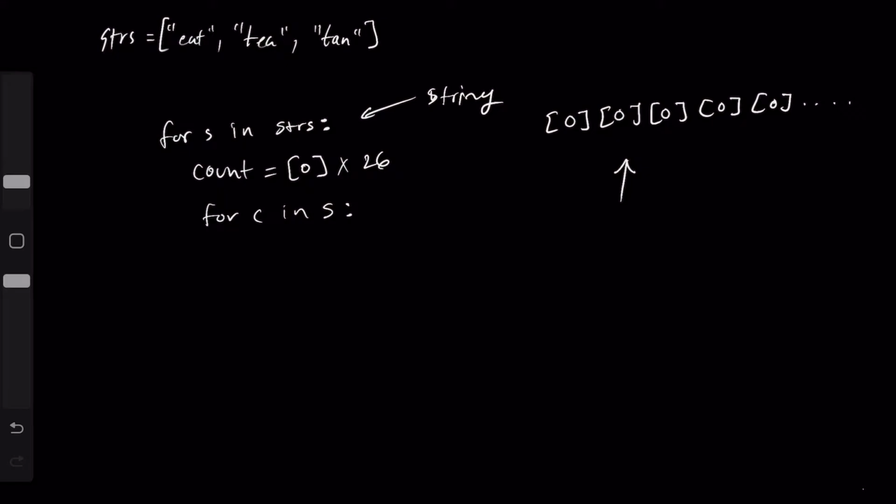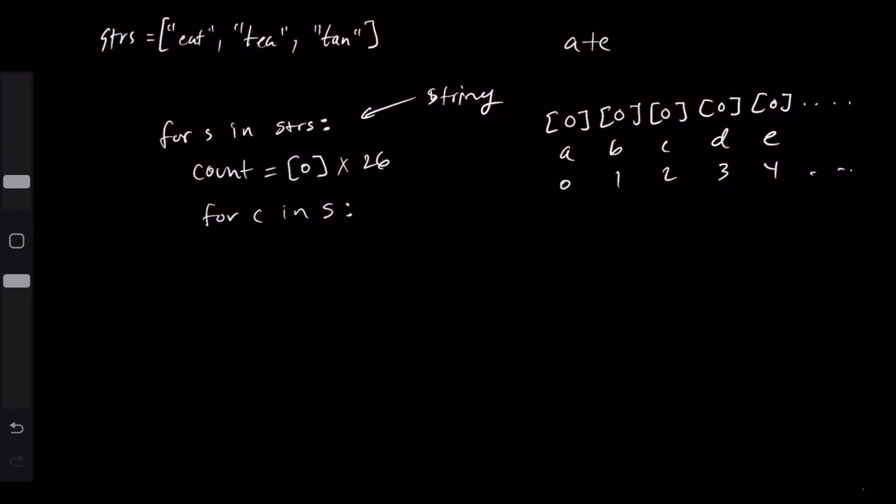Let's start with A. These zeros each represent a letter in the alphabet: A, B, C, D, E, and so on, and all these letters have an index. A would be 0, and then 1, 2, 3, 4, and so on.